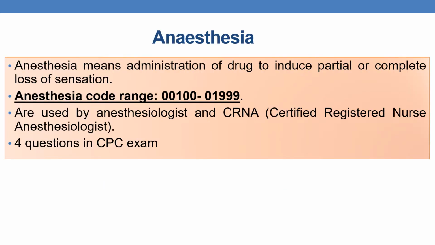So first of all, what is anesthesia? Anesthesia means administration of drug to induce partial or complete loss of sensation. And when it comes to Current Procedural Terminology, CPT, the code range for anesthesia is 00100 to 01999.